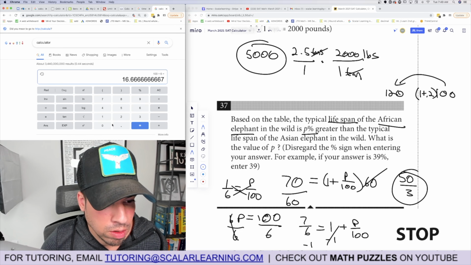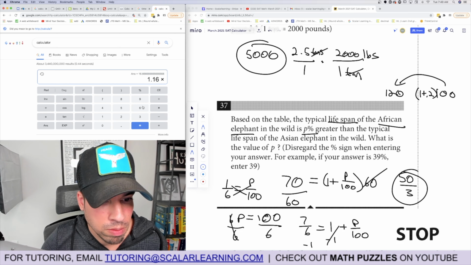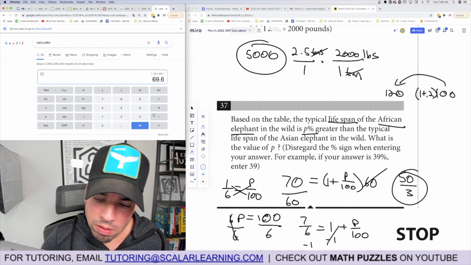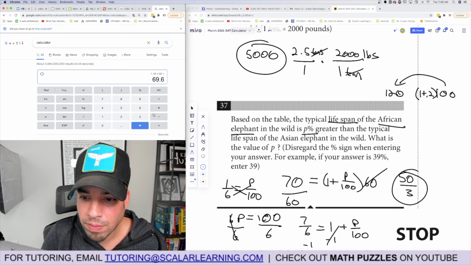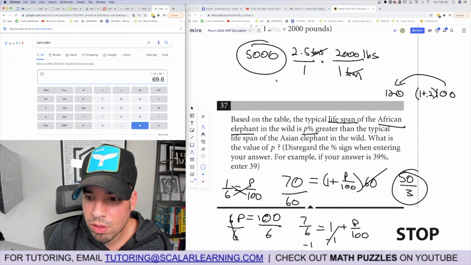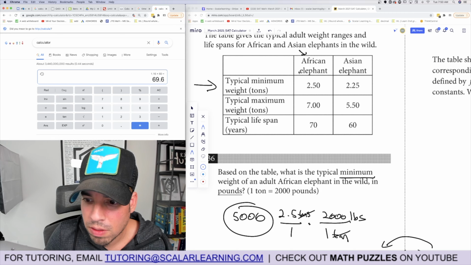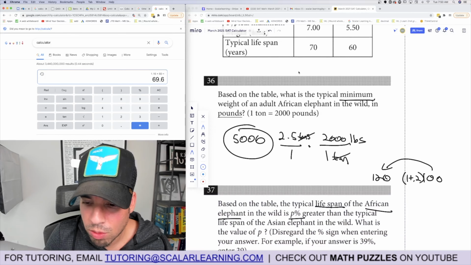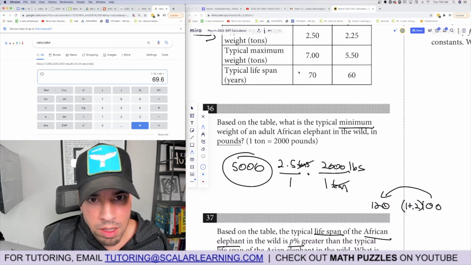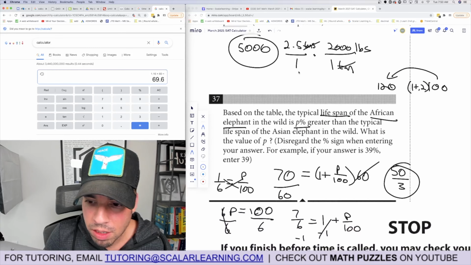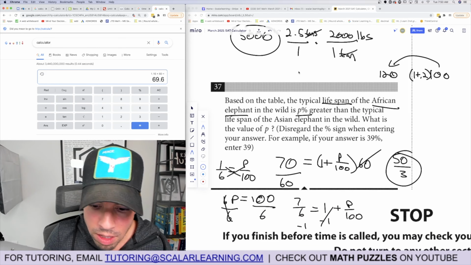Hold on. Am I doing the right values? Lifespan of African elephant is 70. I was hoping for a nice whole number. I think this is still probably right, but I don't like that.